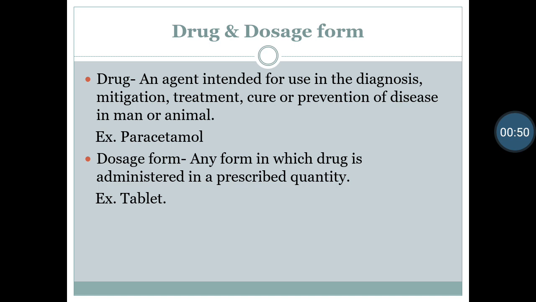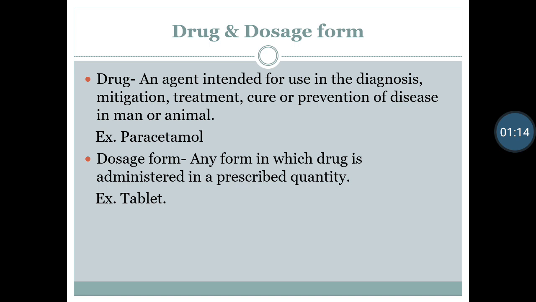Drug: an agent intended for use in the diagnosis, mitigation, treatment, cure, or prevention of disease in man or animal. Diagnosis means identification of the nature of an illness or examination of the symptoms.